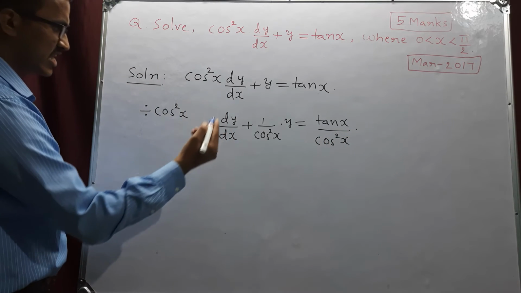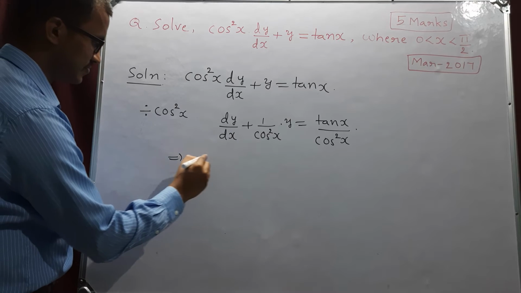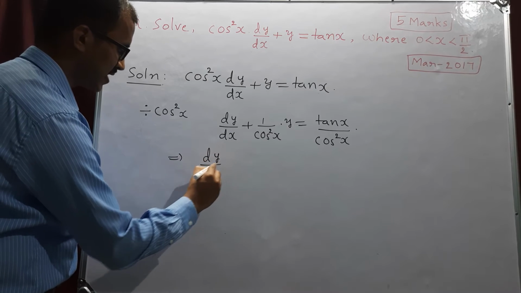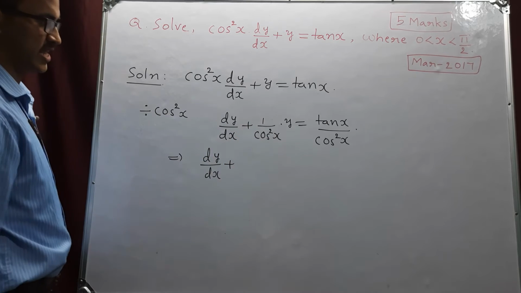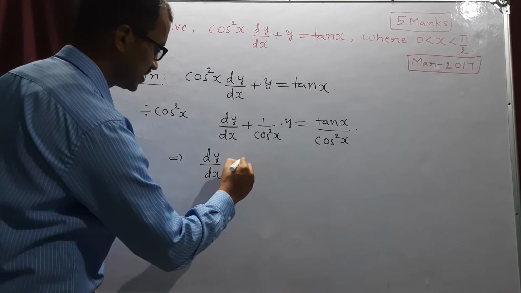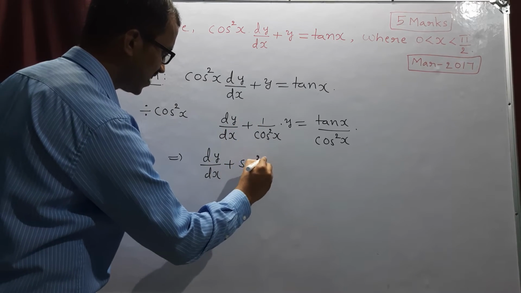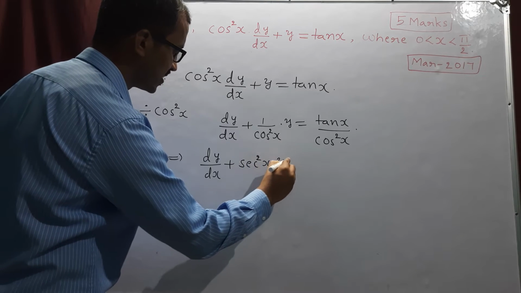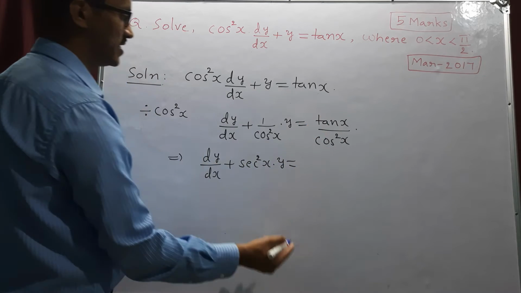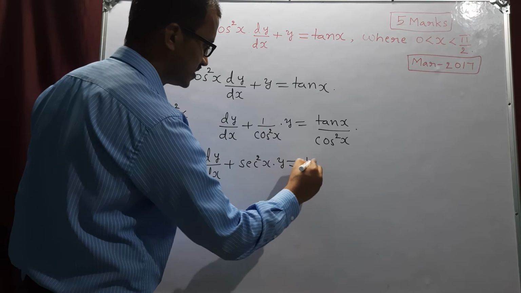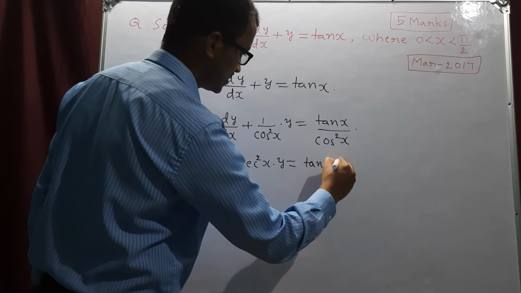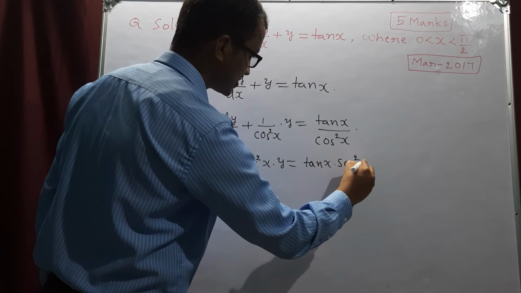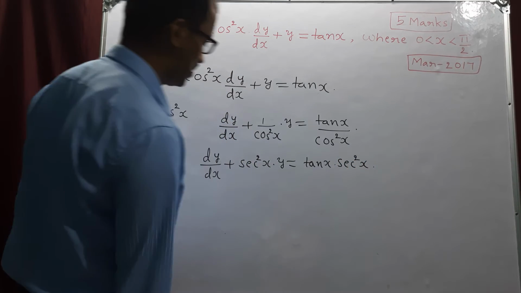Or we can rewrite this equation as dy by dx plus 1 by cos square x, that is nothing but secant square x, into y is equals to tan x into 1 by cos square x, that is secant square x.